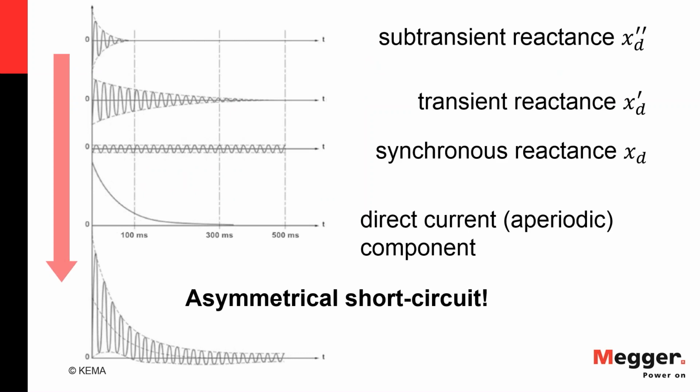Now, if we look at this just real quick, from the point of view of the generator, it has a subtransient reactance, the transient, and the synchronous. And when there is a fault or when you switch it on, you will have a DC component, and then all of these things will overlap, will superimpose, and you get an asymmetrical short circuit.